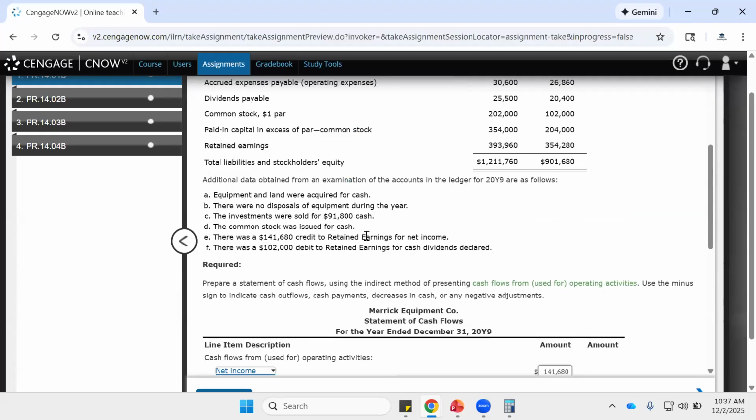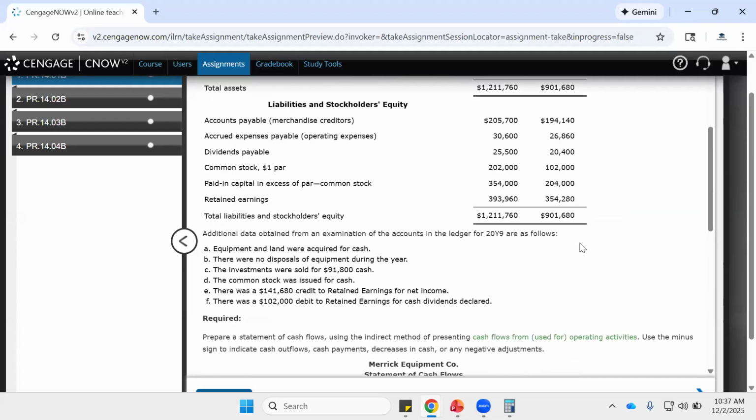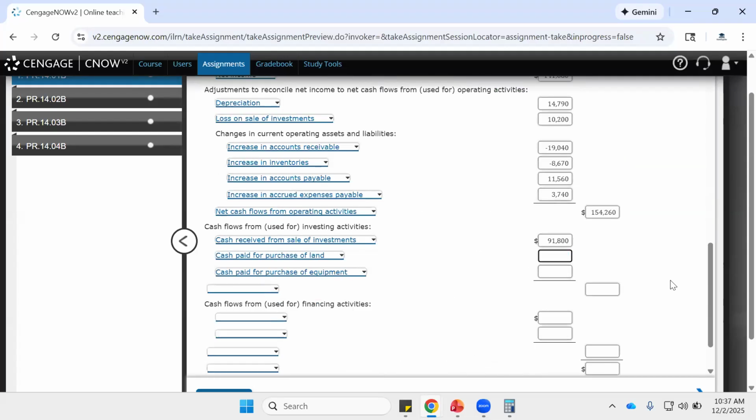These are going to show up as negative numbers because they're cash outflows. And our historical cost shows up on the balance sheet. Land was acquired, so 295,800 was for land.